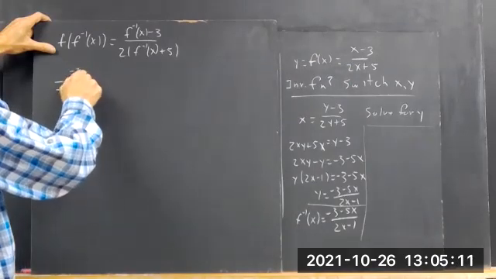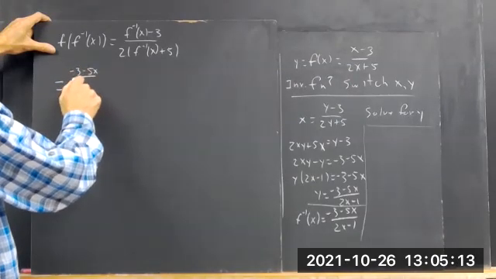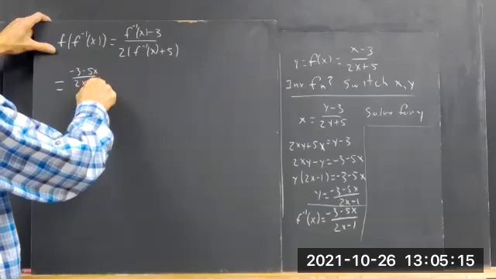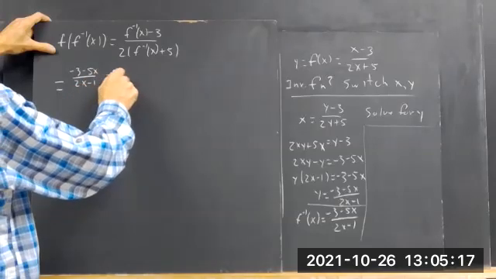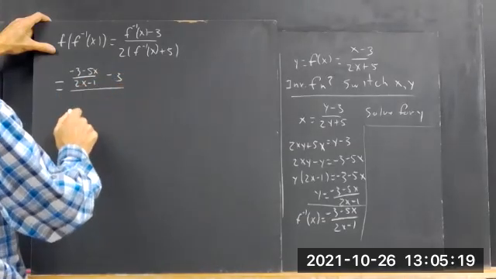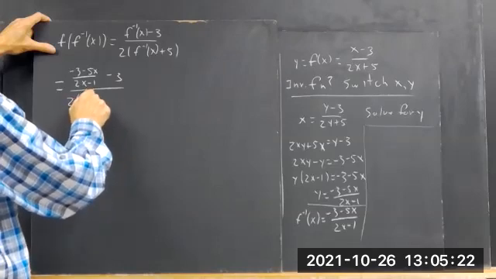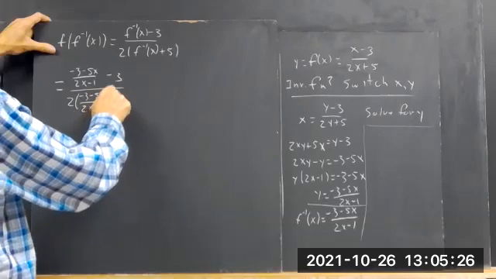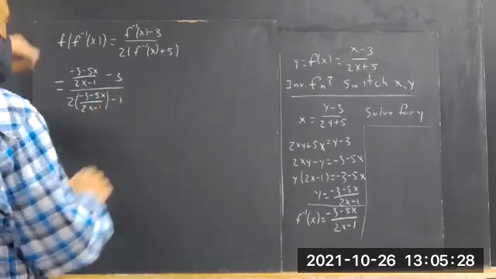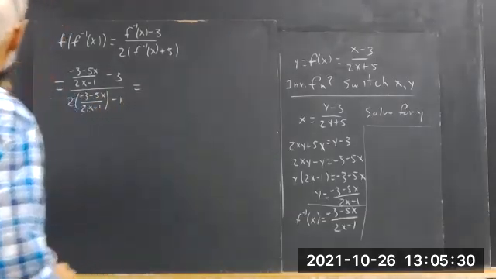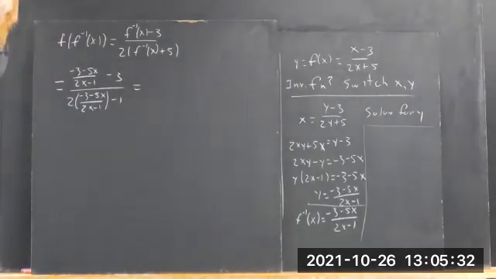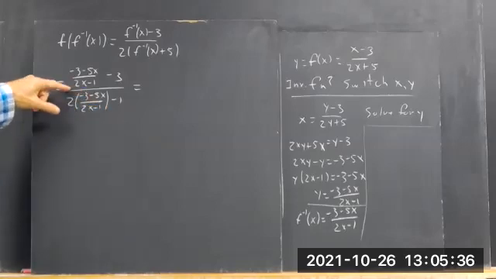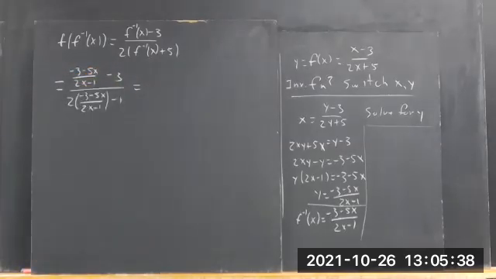So this is (negative 3 minus 5x) over (2x minus 1), minus 3, divided by 2 times (negative 3 minus 5x) over (2x minus 1) plus 5. Put this over a common denominator, you multiply the negative 3 by (2x minus 1) over (2x minus 1), and then you add numerators.